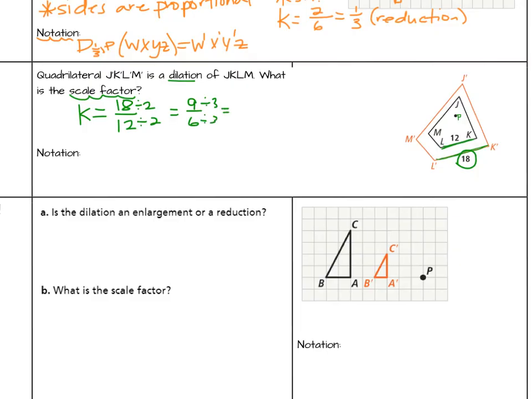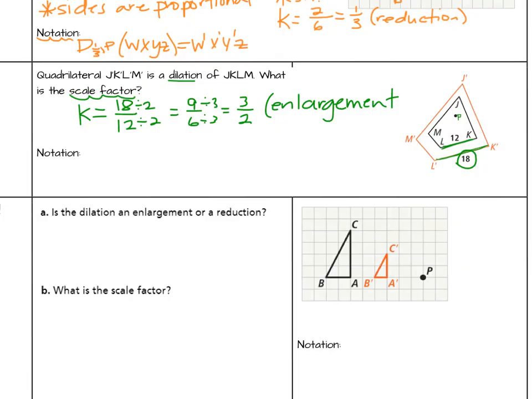And if I do 9 divided by 3, I get 3. 6 divided by 3 is 2. Now 3 over 2 is bigger than 1, even though it's a fraction. So this is an example of an enlargement. And that should seem reasonable because JKLM prime is bigger. It's on the outside of JKLM.